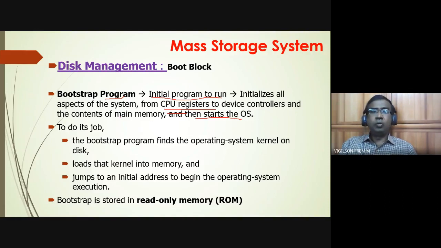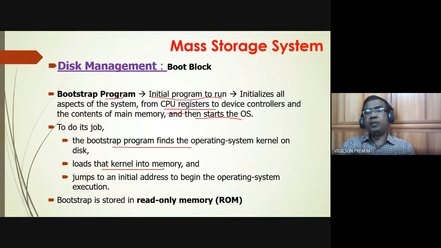To do its job, what has to be done? The bootstrap program finds the operating system kernel on the disk. In order to make the system ready for functioning, first this program will check whether the operating system is available in the secondary storage or not.